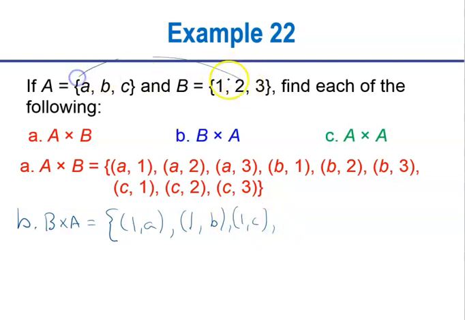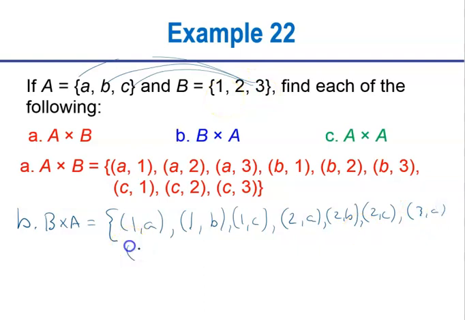So 2 goes with A, B, and C: 2A, 2B, with commas between these, 2C. And then finally 3 goes with each of those: 3A, 3B, 3C, and I close out the curly braces to close out my set. So that's B cross A.